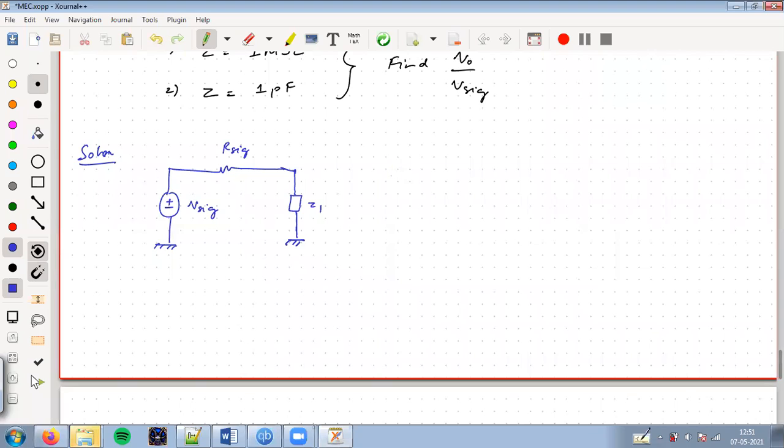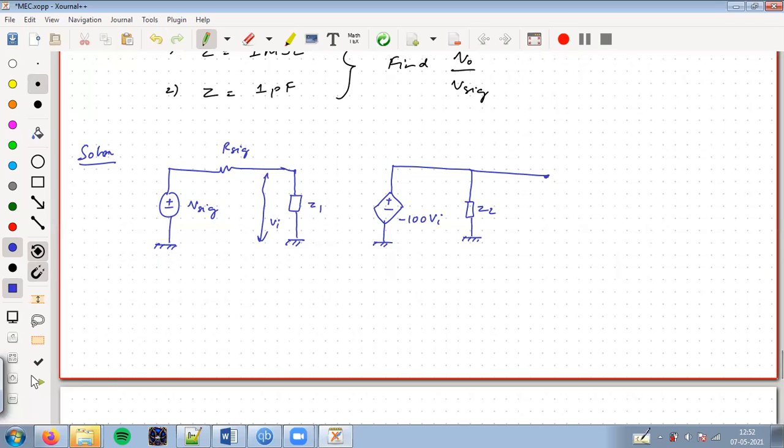Then at the output side, I have a dependent source. This source will be minus 100 times Vi. Remember this is Vi. Now I have here Z2, and finally Vo.